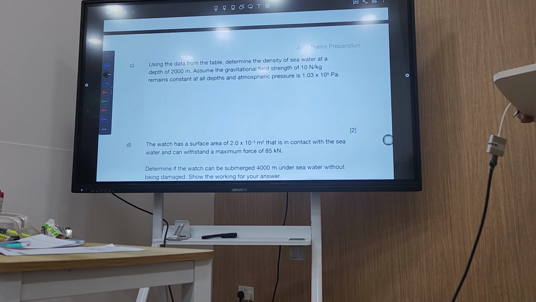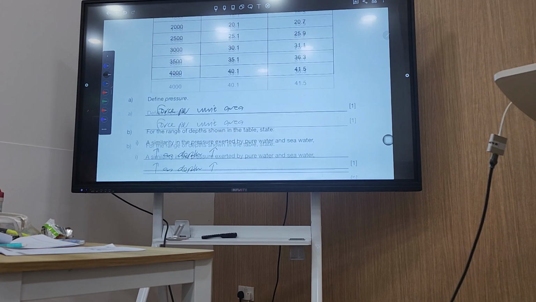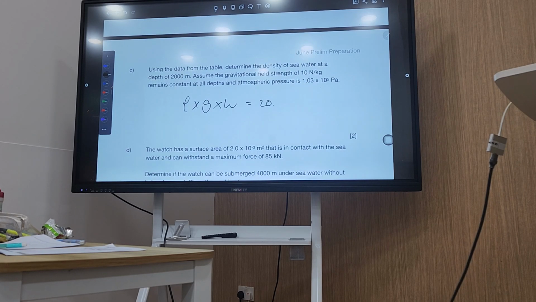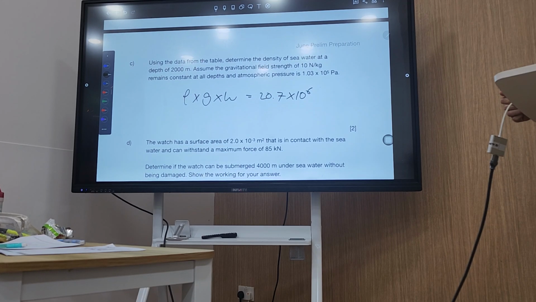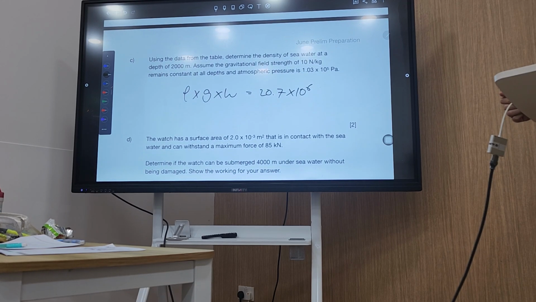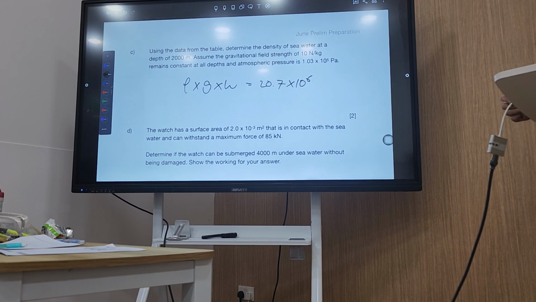Determine the density at a depth of 2000 meters. You have rho times g times h equals 20.7 times 10 to the power 6. I believe the answer is 1035.